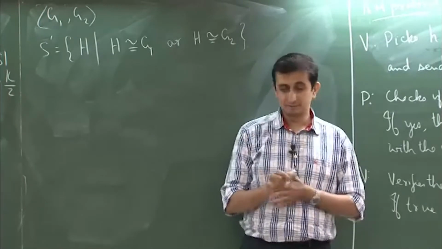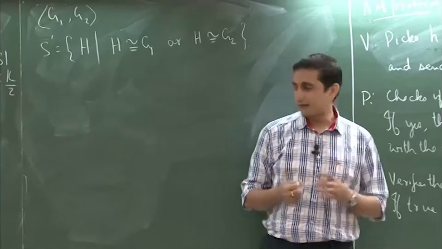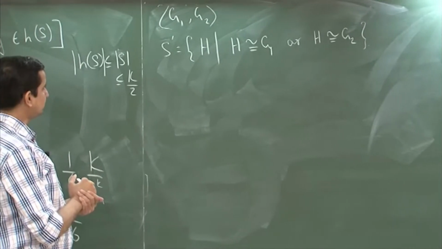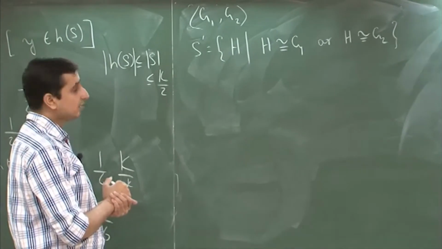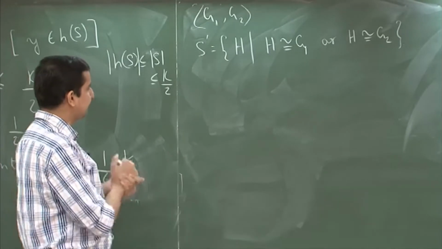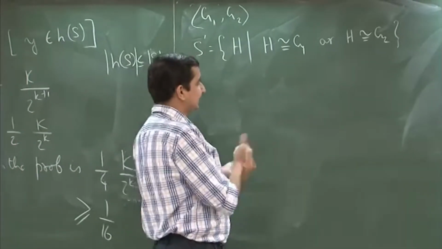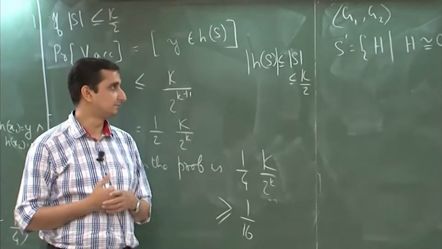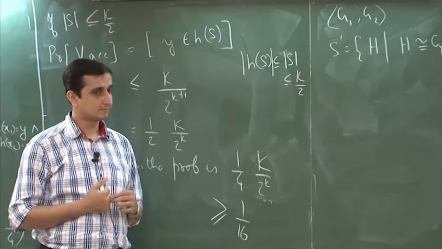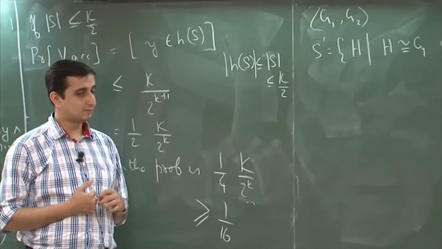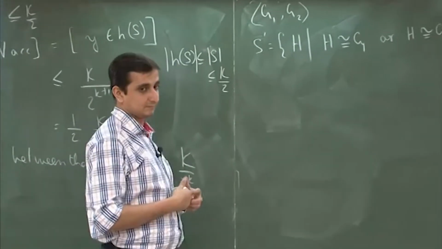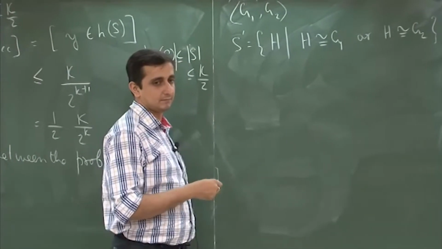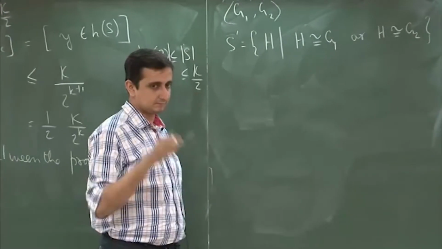So, what can we say here? Ideally what we want is that... it is not exclusive. For example, if G1 is isomorphic to G2, then it is basically all graphs which are isomorphic to either of them. Why? Suppose it is isomorphic to G1, let us say.